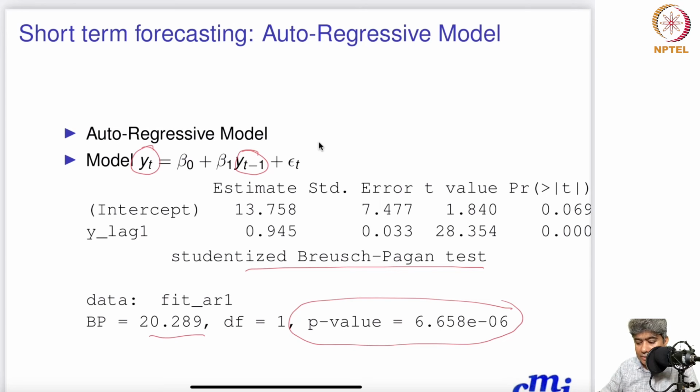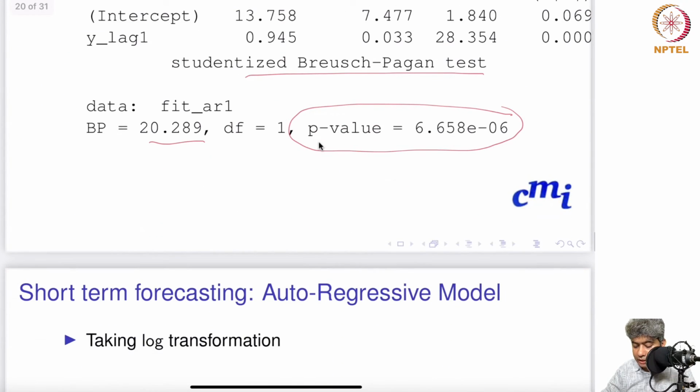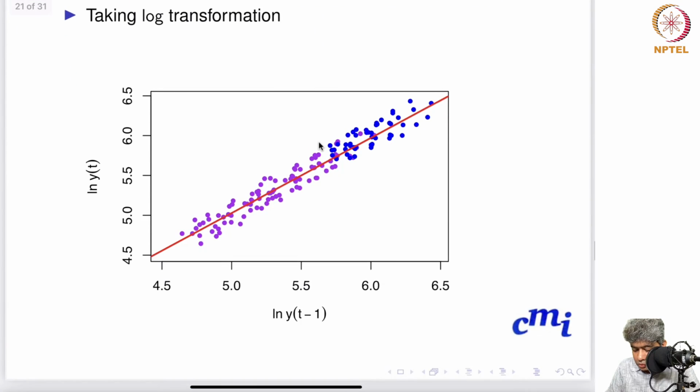That means there is a big bunch of heteroscedasticity, because you see at the beginning the training data was kind of tight, but the test data was kind of spread out. So the residuals are not homogeneous. Residuals are heterogeneous. So I am not surprised that the Breusch-Pagan test will reject the homoscedasticity and it will go for heteroscedasticity.